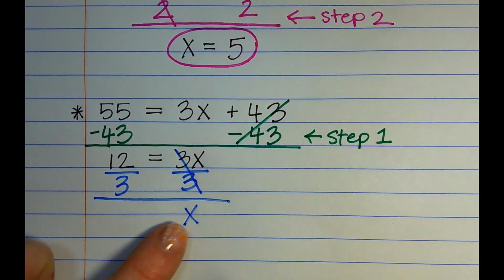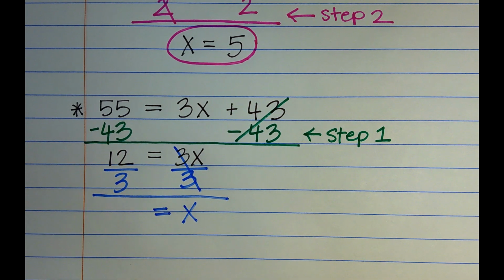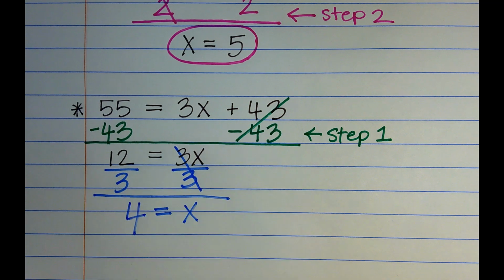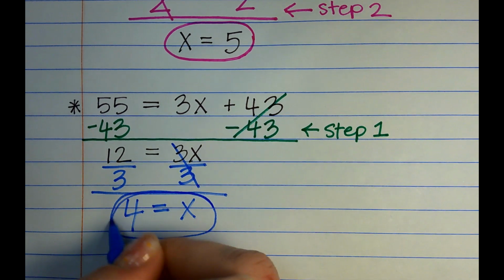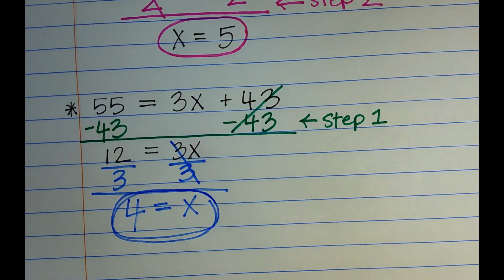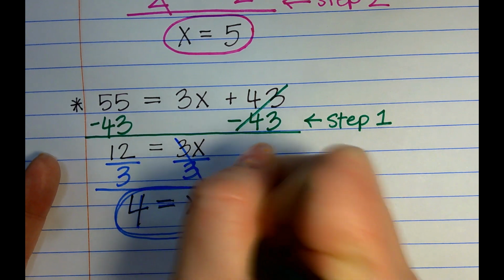So I bring down my x equals, and what is 12 divided by 3? 4. So that is my answer. 4 is x. Or you could flip-flop it if you like to have the variable come first.